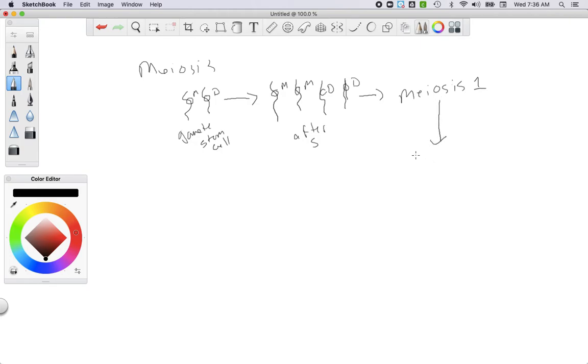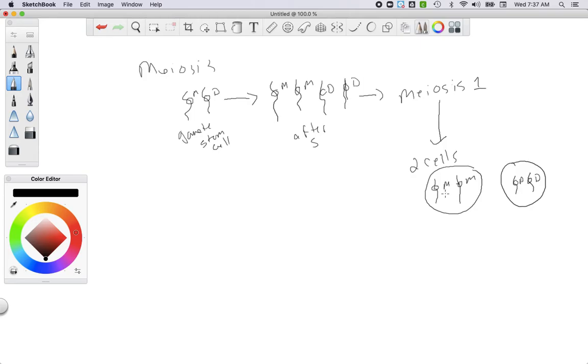So at the end of meiosis 1, you had 2 cells. Those 2 cells each had 2 copies of that homologous chromosome.